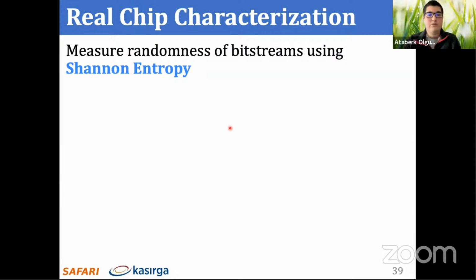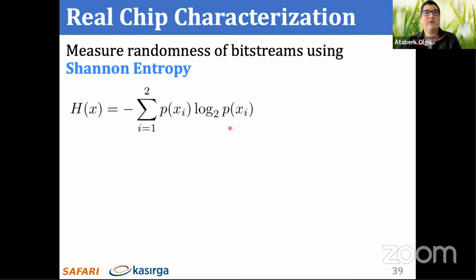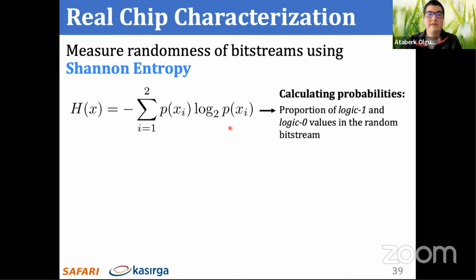We use Shannon entropy as a measure of randomness in bit streams generated using QUAC operations. Shannon entropy is calculated using this formula, and it can be interpreted as the effective number of random bits in a bit stream. To calculate the probability values in this formula, we simplify to the proportion of logic 1 values and logic 0 values in the bit streams we test.